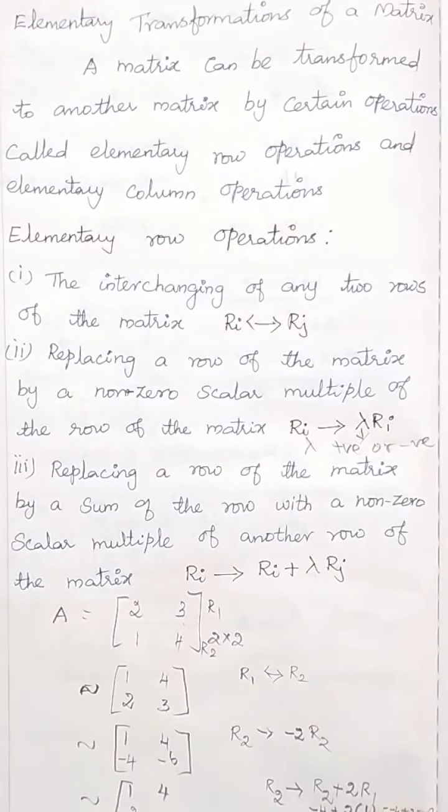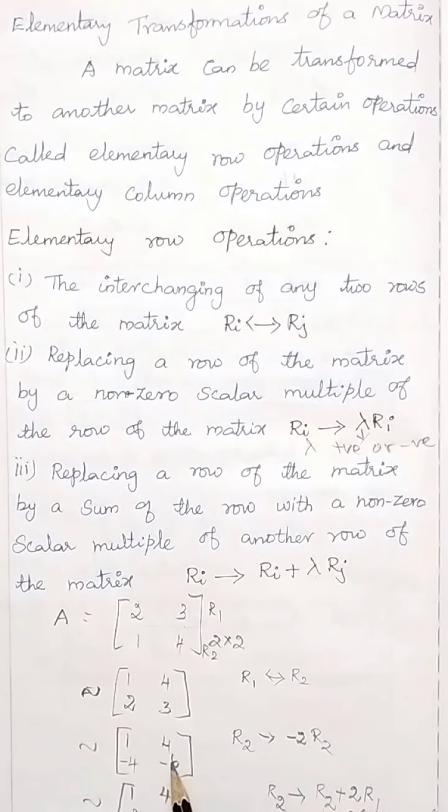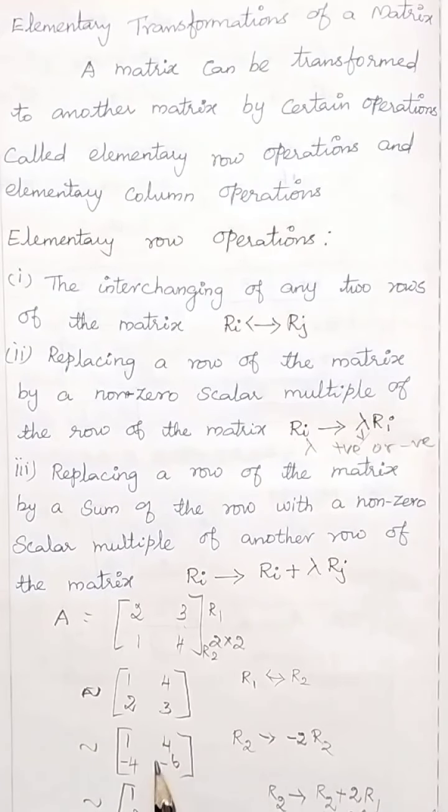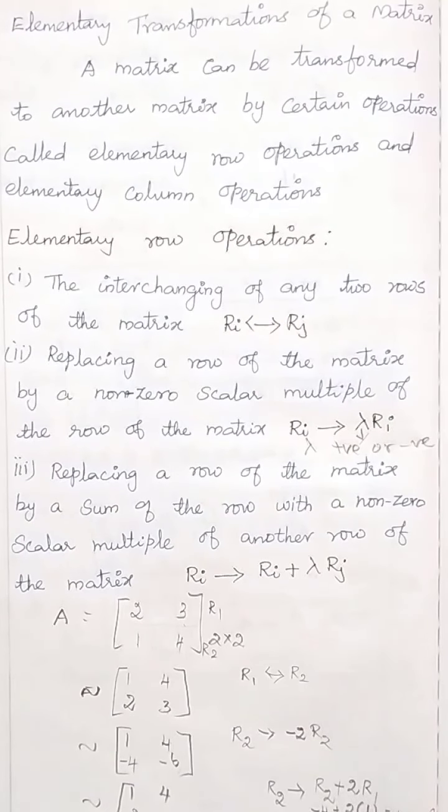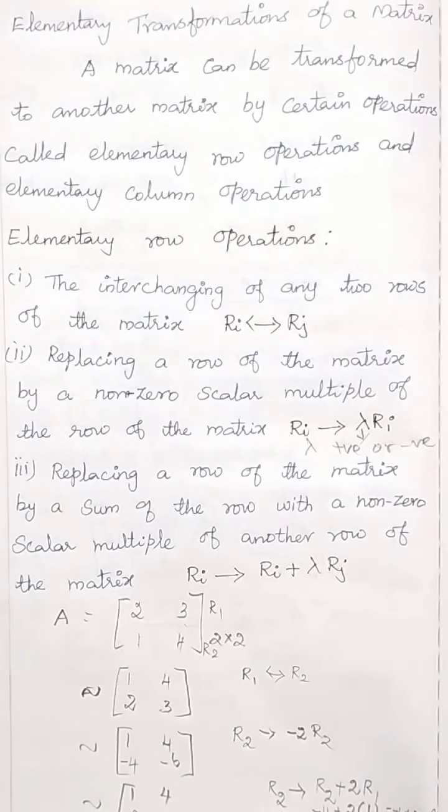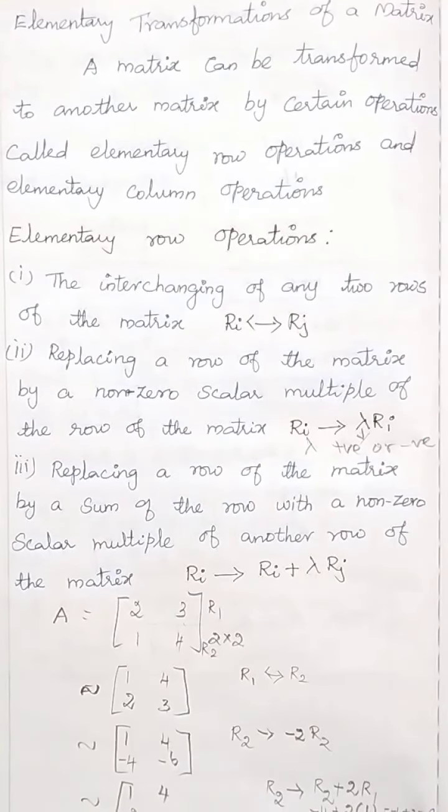So minus 6 plus 2 into, here this is second row, second column element, so you will take first row, second column element. This is our R1 value. You will take the upper value of this row, because here we are considering row 1. So 2 into, here our R1 value is 4, so that is equal to minus 6 plus 8, that is equal to plus 2.